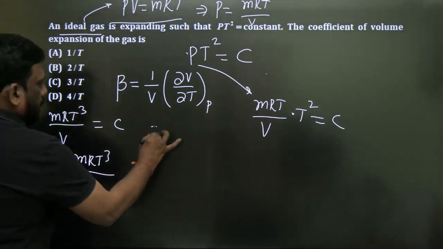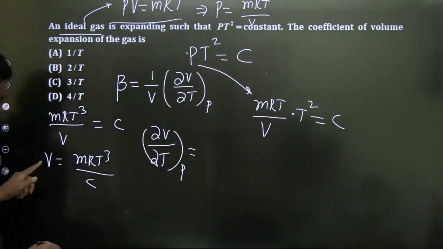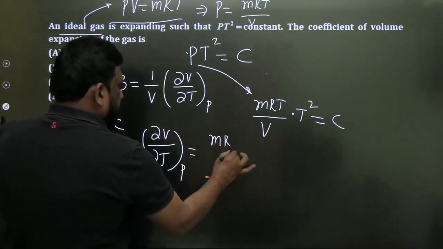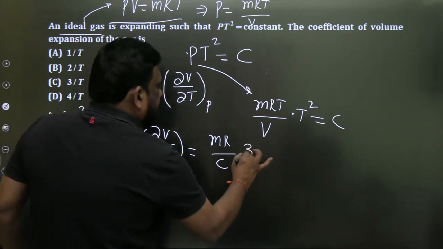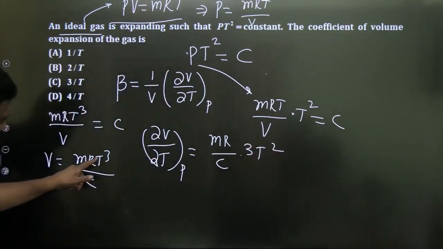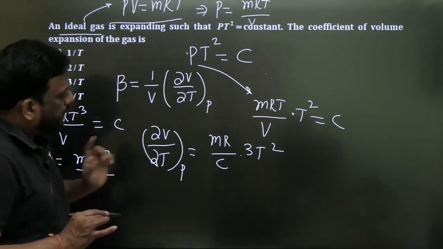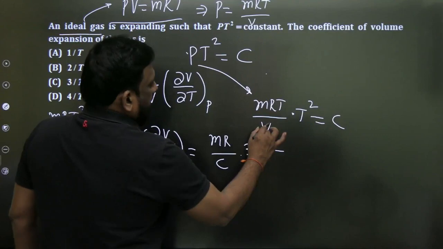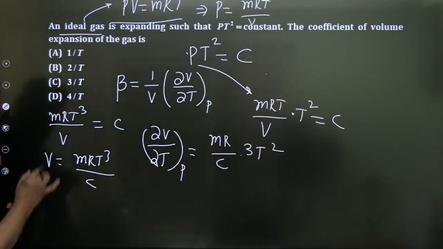Let us calculate dou V by dou T at constant pressure. Look, MR by C is constant. What is the derivative of T cube? You are differentiating with respect to T, so it is 3T square. Now, what is MR by C?